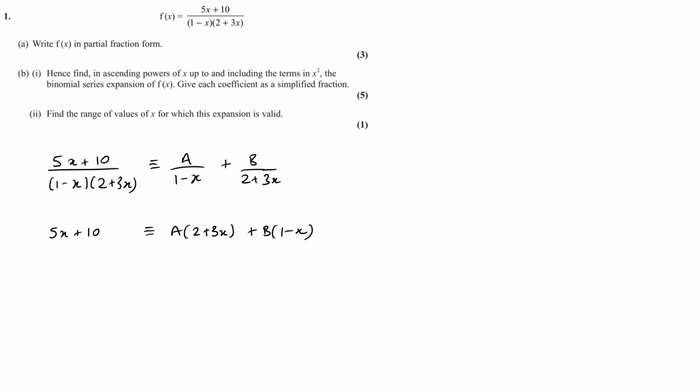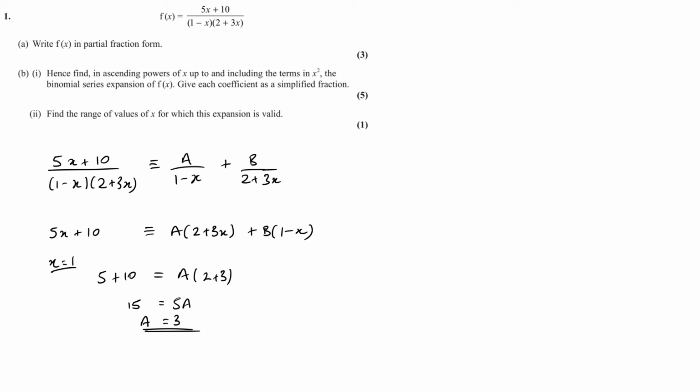Okay, and then we've got, so start with x equals 1, and that will give us 5 plus 10, and that equals A, and it's 2 plus 3. So 5A equals 15, A equals 3.